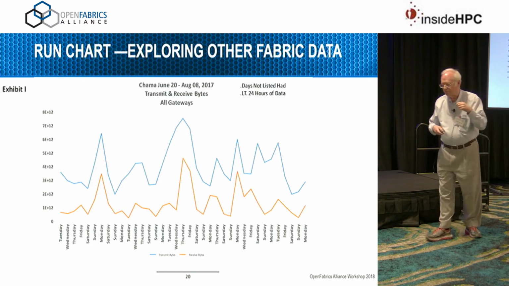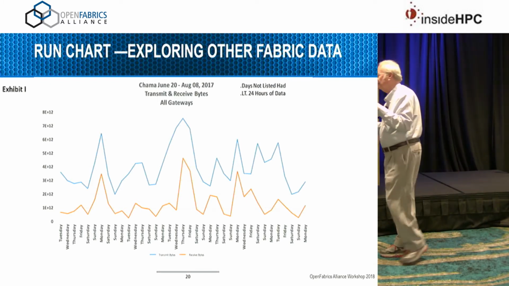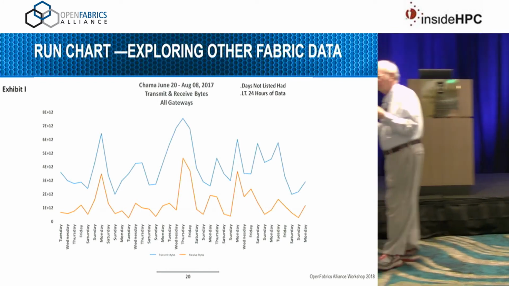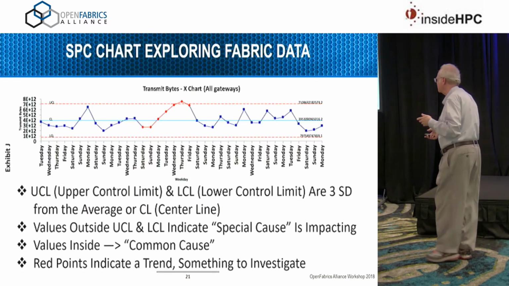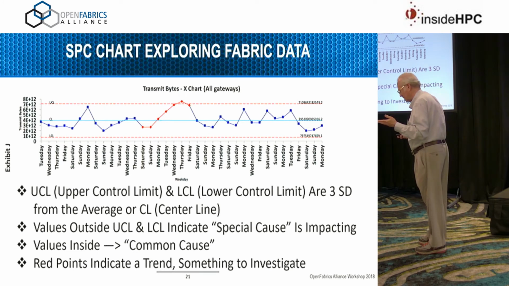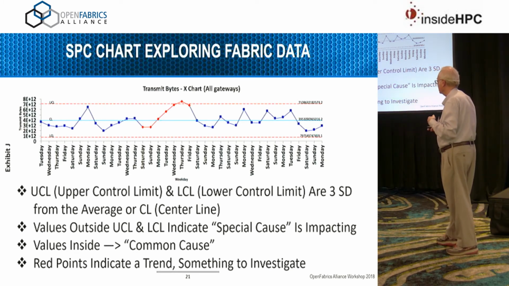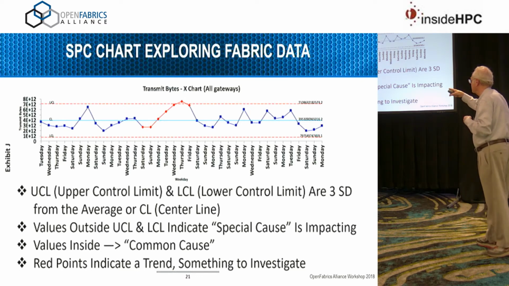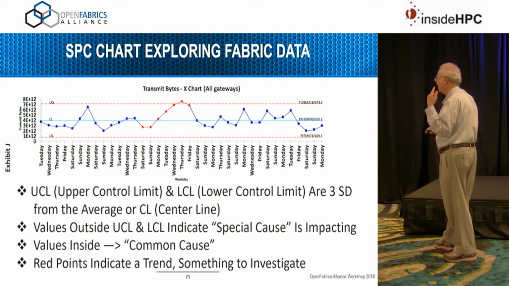Now, we could take this a little bit further with this kind of graph and get the average for both. But that really doesn't tell us a whole lot. What you need to do is to get a statistical process control effort applied to, say, the write bytes, which is what this chart is. This is basically the data from the previous slide, but just the write bytes.